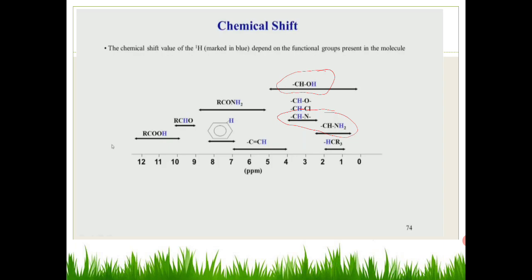The peak of the alcohol as well as the peak of the amine may be merged. If it is getting merged, the information will be buried. You can't get the correct information. So this is one of the complexities that we face when analyzing a compound using NMR spectra, and one example of complicating the NMR spectra.